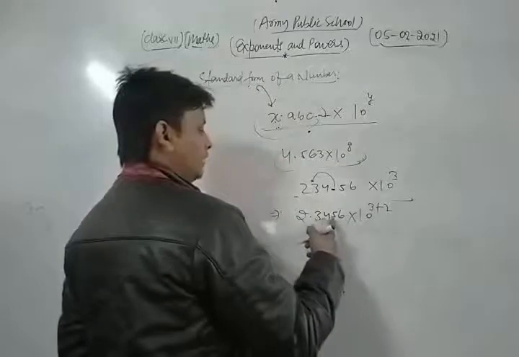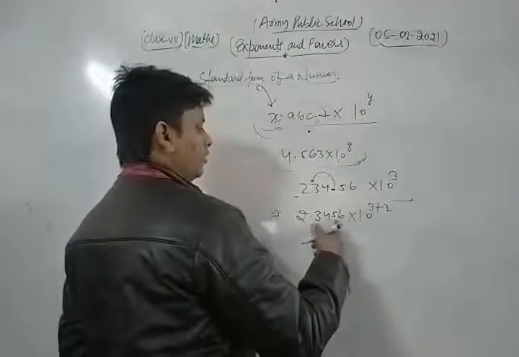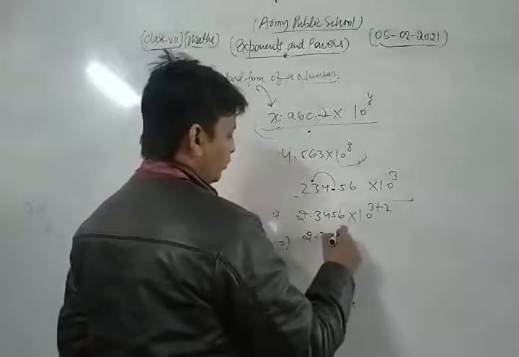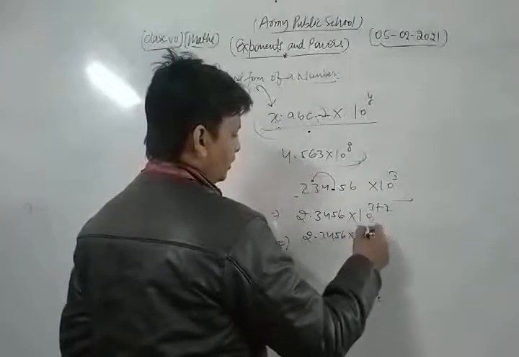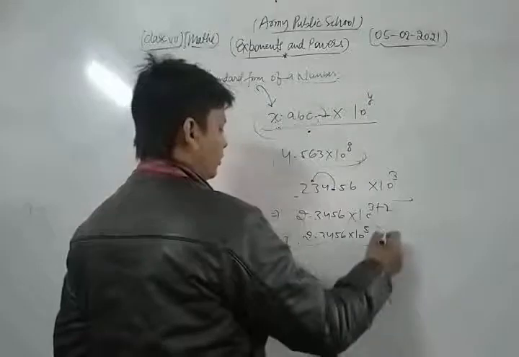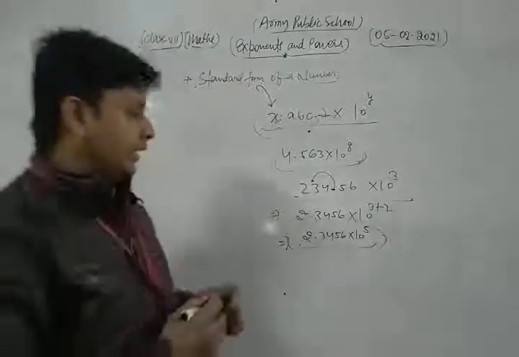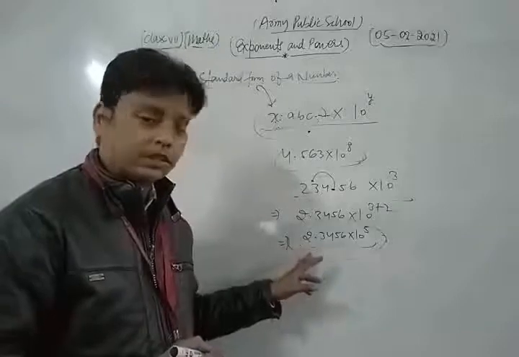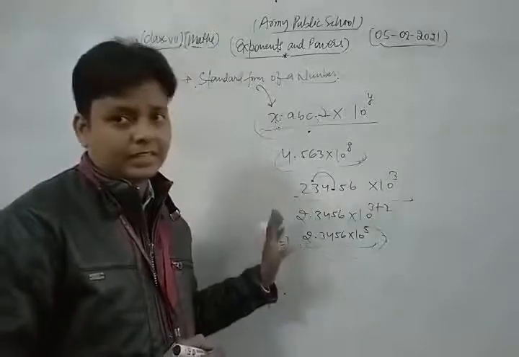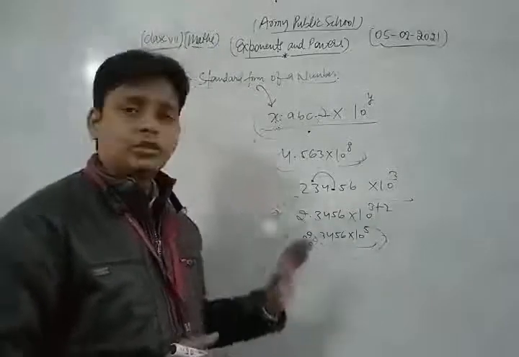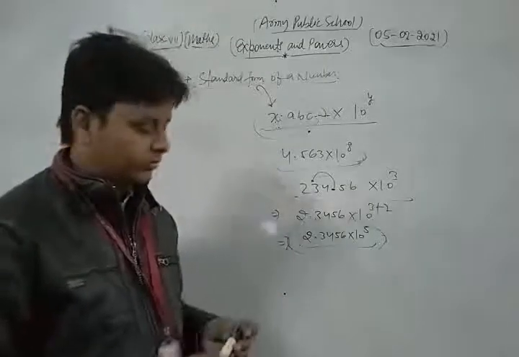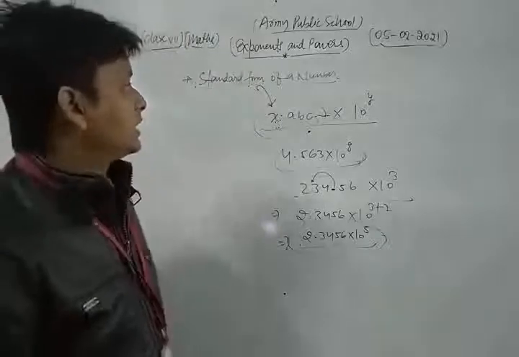So 2.346 into 10 to the power 3 plus 2 is written as 2.346 into 10 to the power 5. So this is the standard form of a number. Now look at this: in this form there is only one digit on the left side of the decimal. So this is the concept to represent any number in standard form.